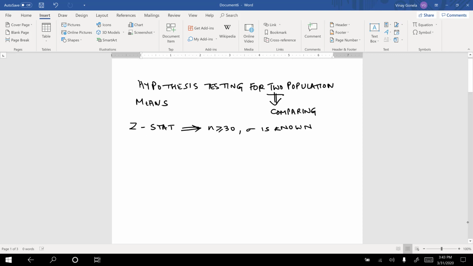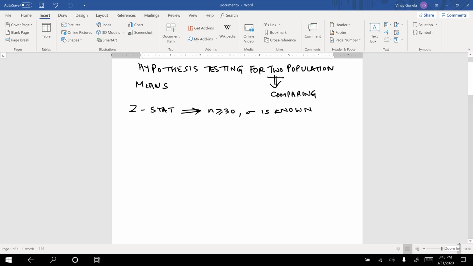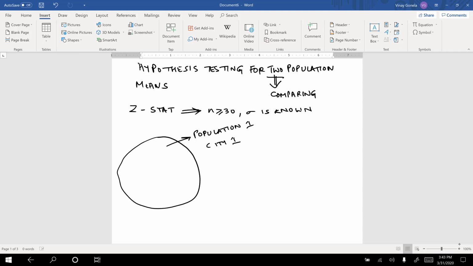So firstly, when we are comparing two populations, if I have a population 1, suppose this is city 1, and I am comparing the weights of people in these cities.